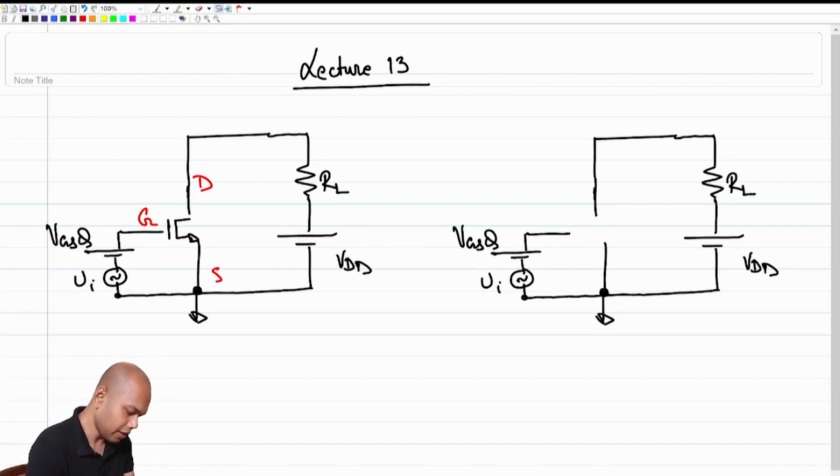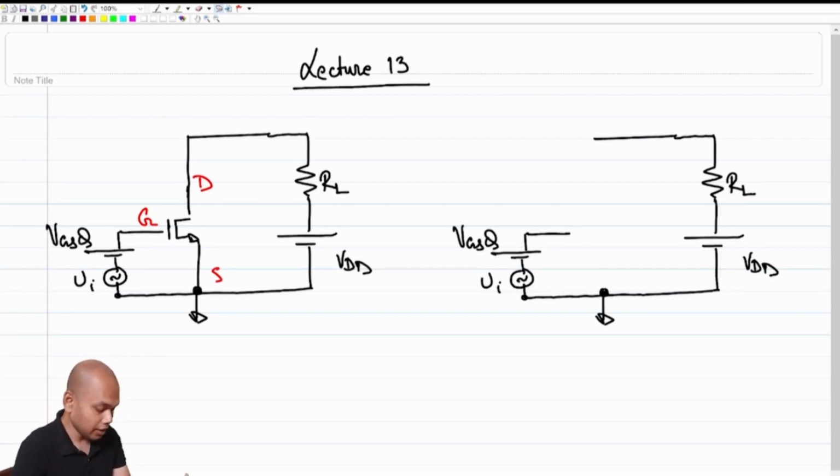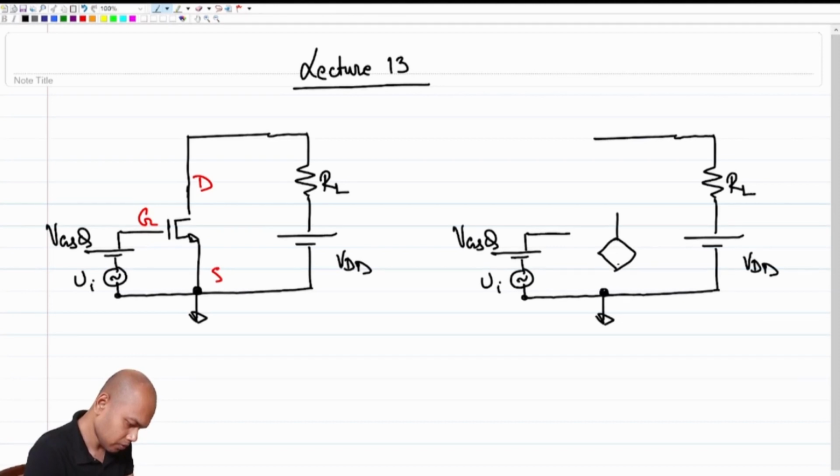And what is the linearized equivalent of this MOSFET M1? The linearized equivalent of this MOSFET is nothing but a current controlled source whose controlling terminals are the gate and the source, correct?